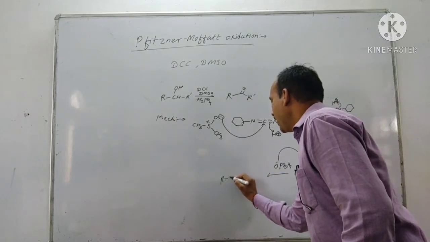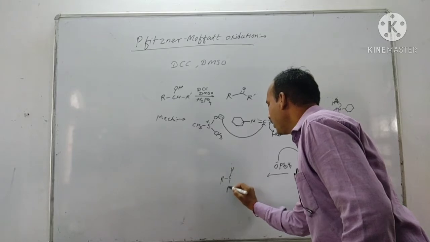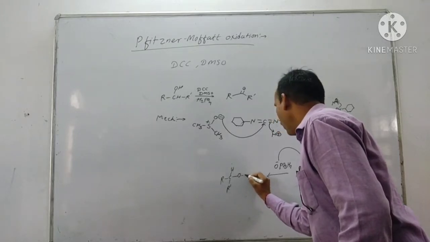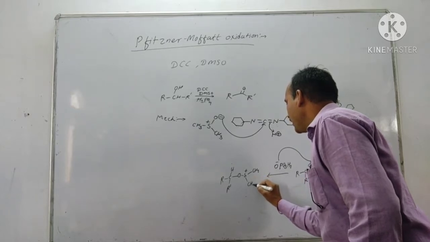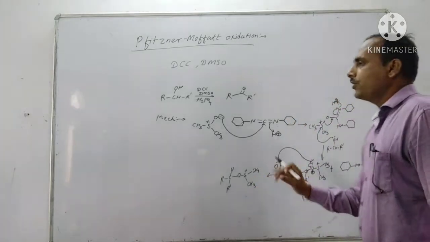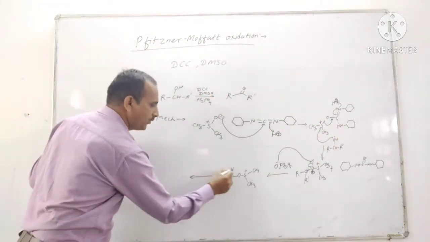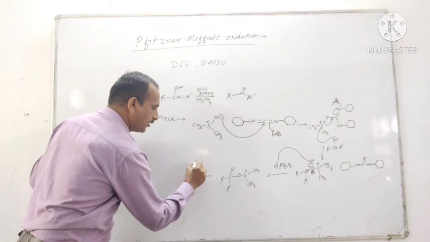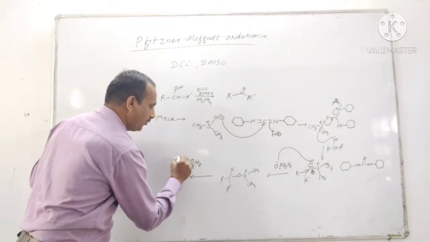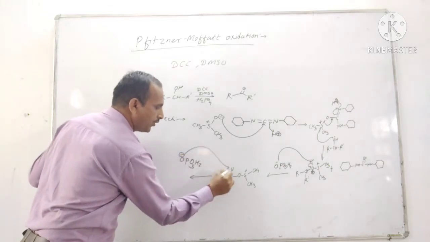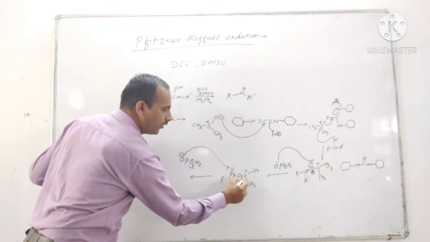Now there is formation of RCHR dash OS plus CH3 CH3. Then again this phosphate ion, H2PO4 minus, takes the proton from this carbon. Then this bond shifts here, formation of C double bond O.